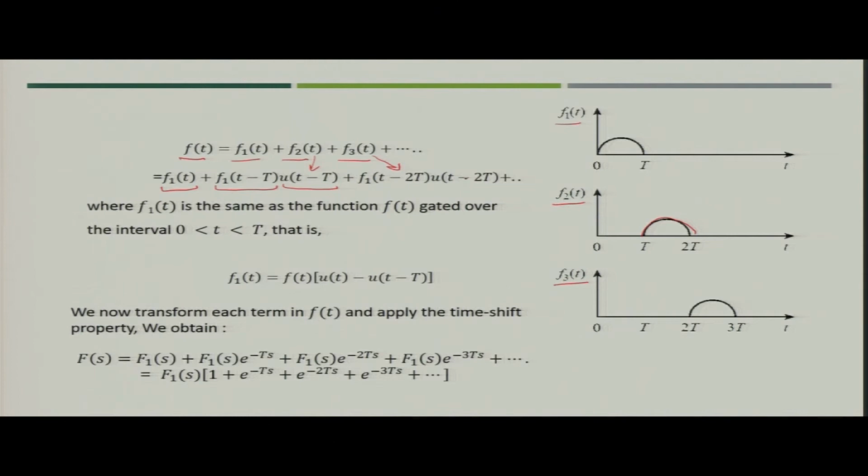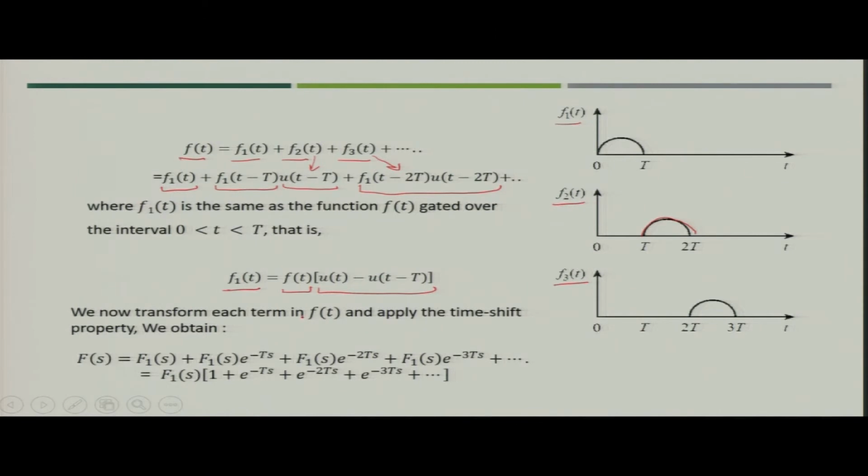So, you can write f3 also in terms of f1, and so on. So, for f1(t), what is f1(t)? f1(t) is nothing but the function f(t) limited to the first period, that is limited by u(t) minus u(t-T).